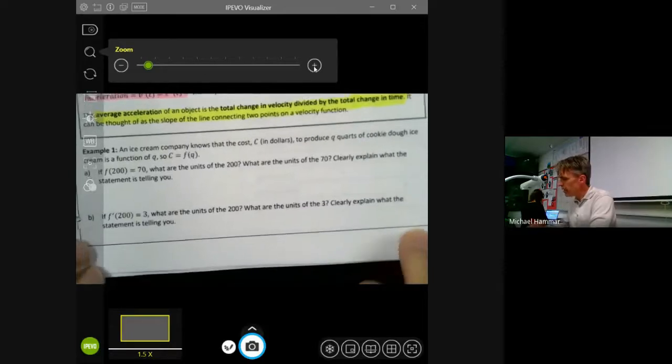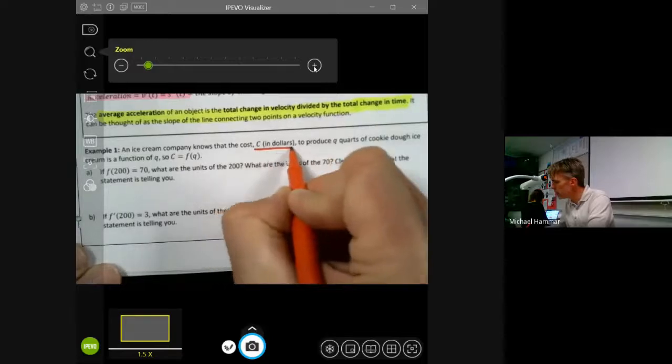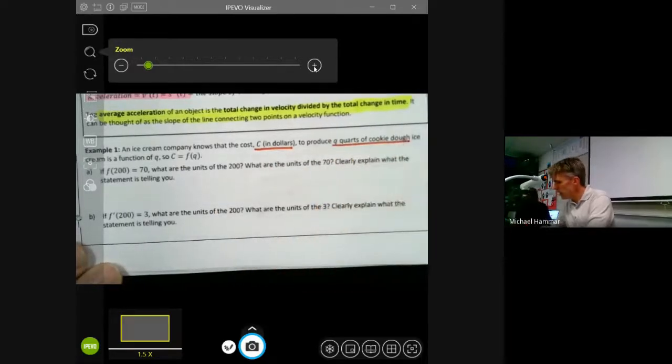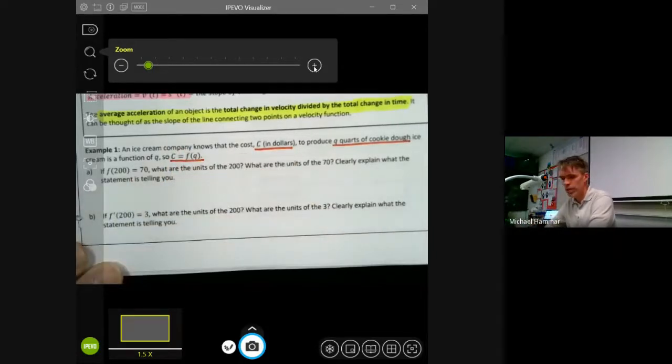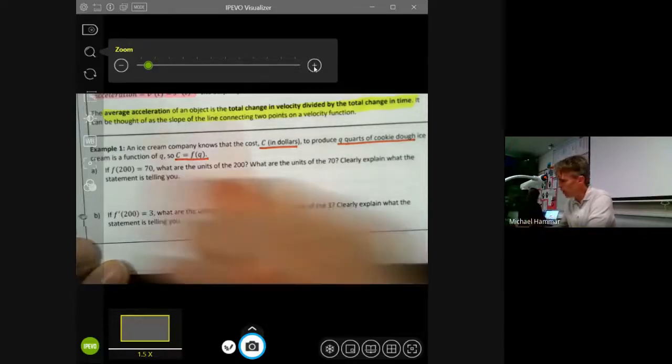Okay, so an ice cream company knows that the cost C in dollars to produce Q quarts of cookie dough is this function, f of Q. It wants you to answer a couple of questions. If f of 200 equals 70, what are the units on the 200?